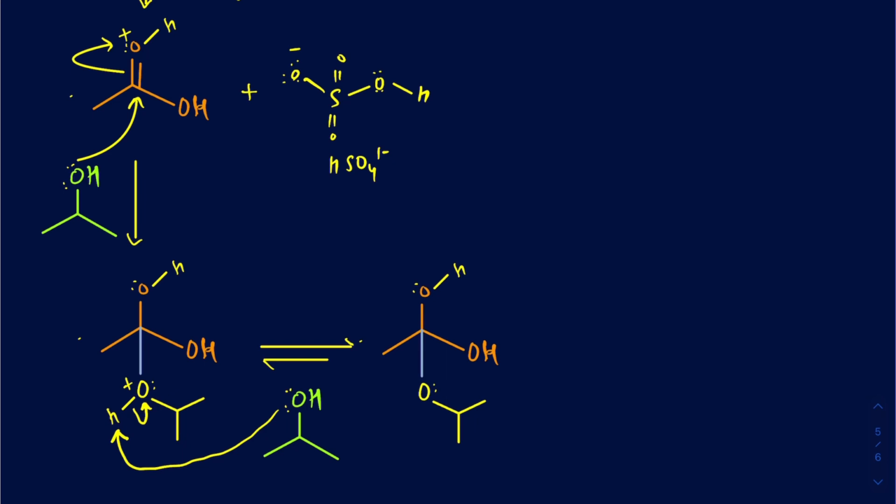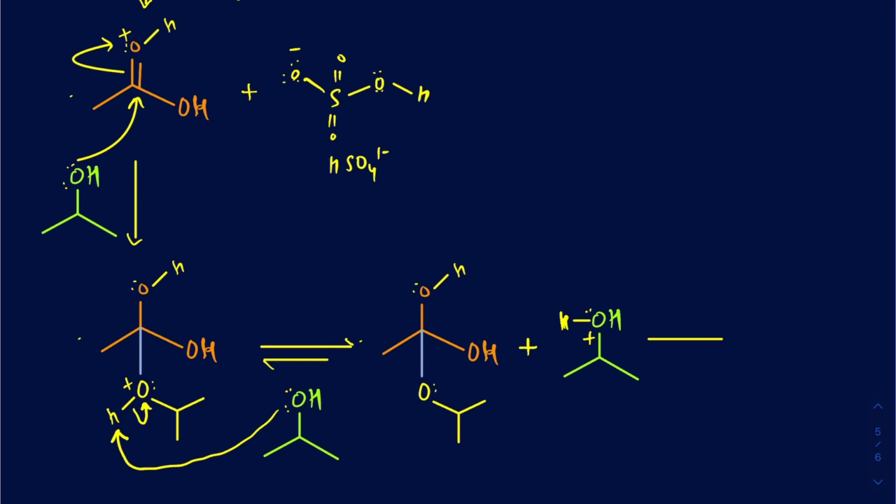All right, and then in the next step, maybe I can just redraw this as well here. So this is going to be getting protonated here, so with a positive charge on that oxygen.